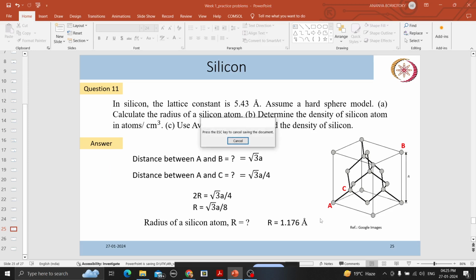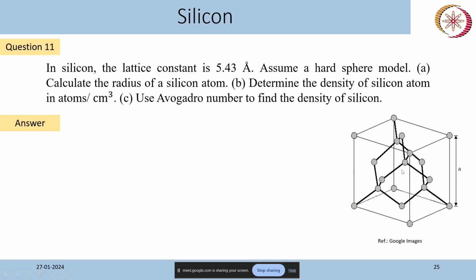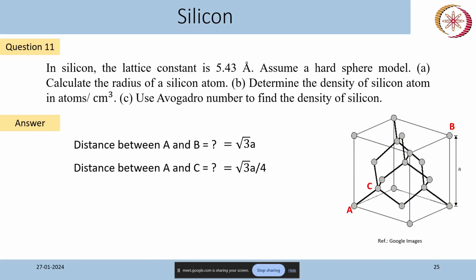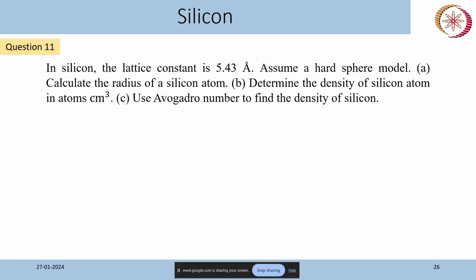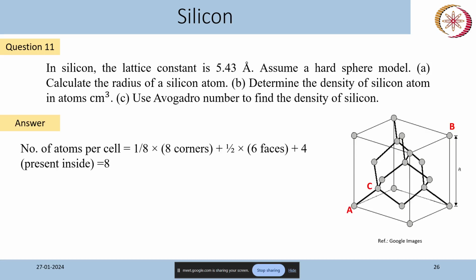Okay, r you already got, right? 1.176 angstrom. Yes. So, the density of silicon. The number of atoms per cell is 8, right?